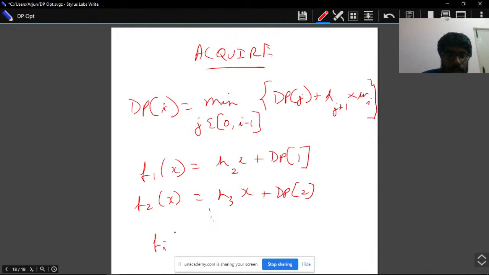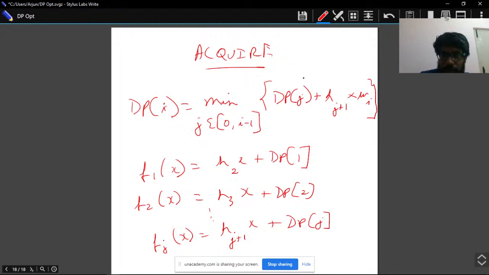So fj of x is h(j+1) x plus dp j. Okay, and now do you see that this function is basically this?